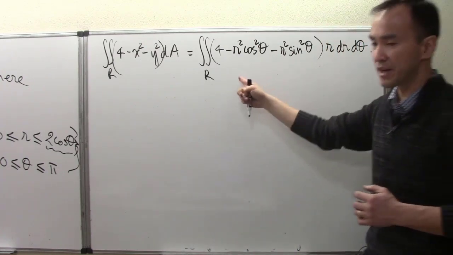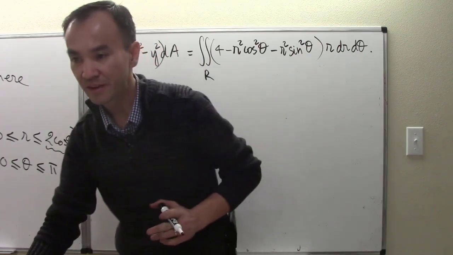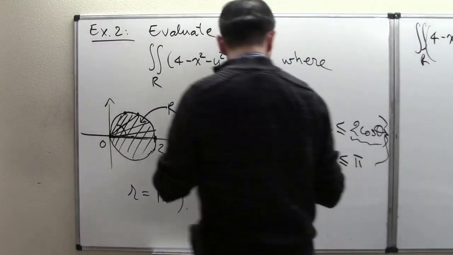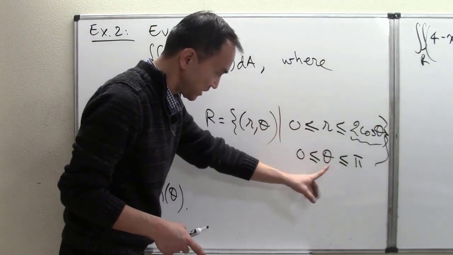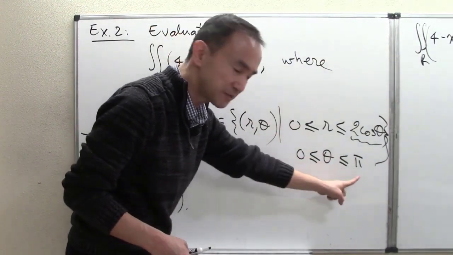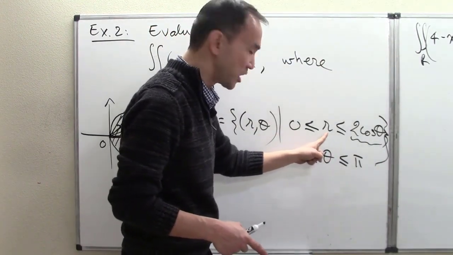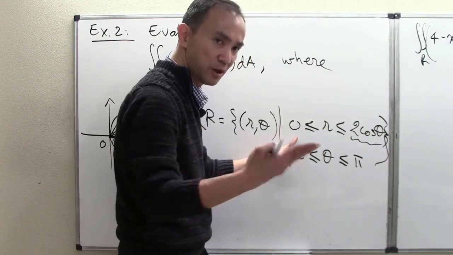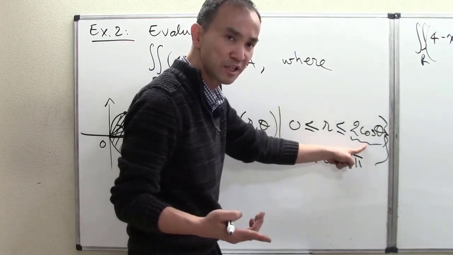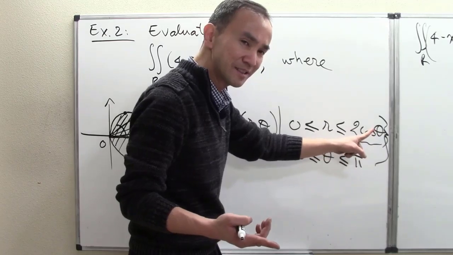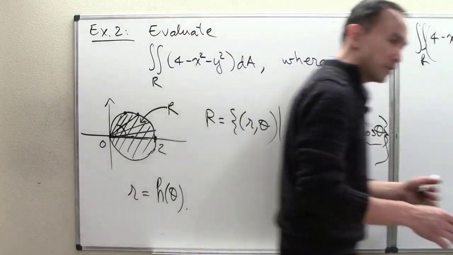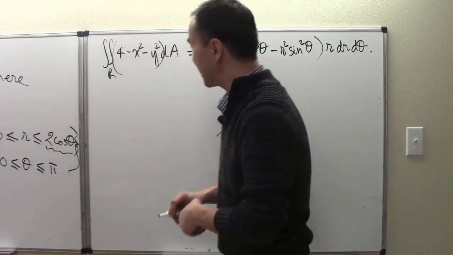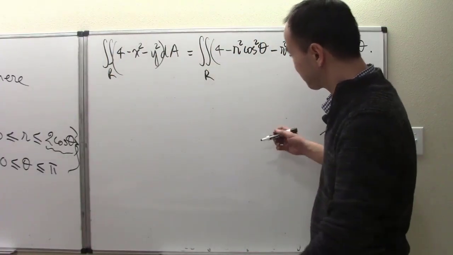But now after we have seen the description of this region R, where yes, theta is still changing between some two fixed values, but r is not. r is changing between some lower curve, r equals 0, to the upper curve, r equals 2 cosine theta. So r is expressed as a function of theta. And so in that way, we apply our extension of Fubini's theorem.